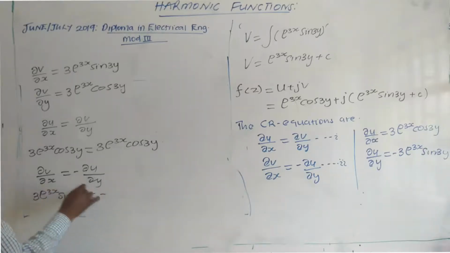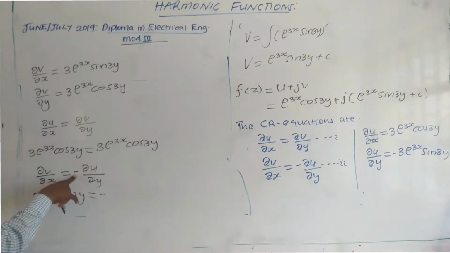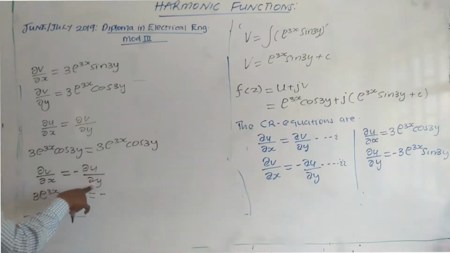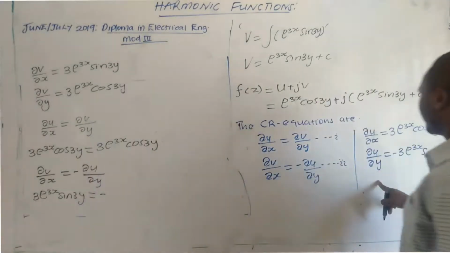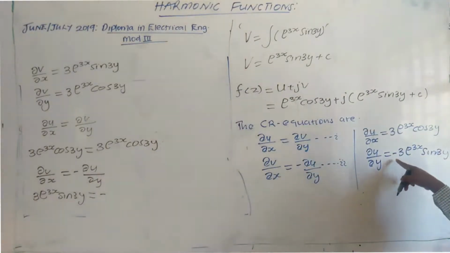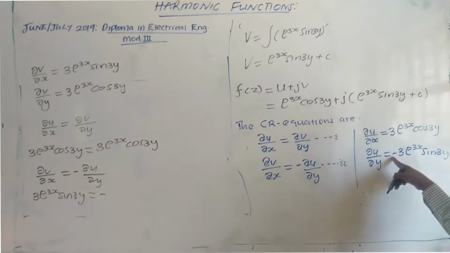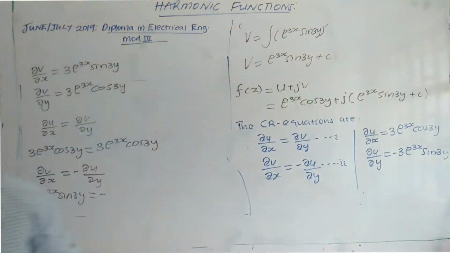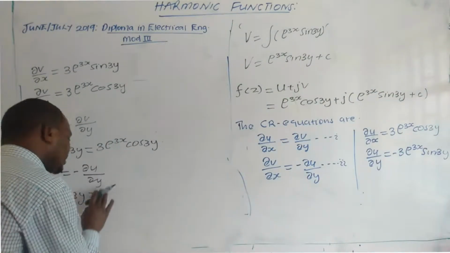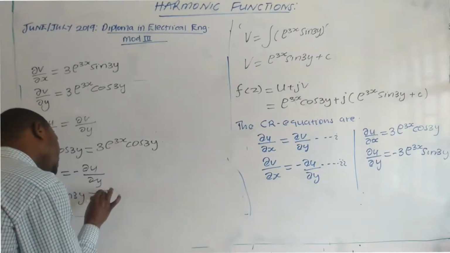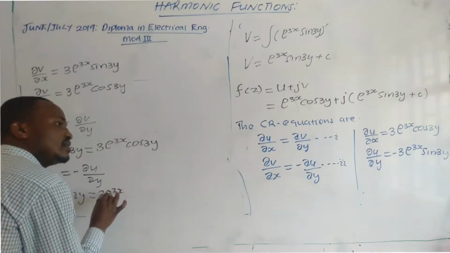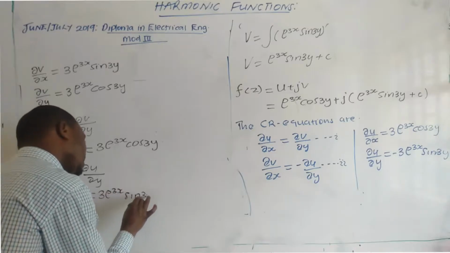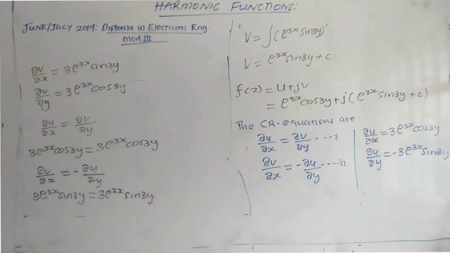So you put the negative first here, and then the partial derivative of u with respect to y has another negative. So that negative times this negative gives you a positive 3 exponential 3x sine 3y. And the second Cauchy-Riemann equation has been satisfied.